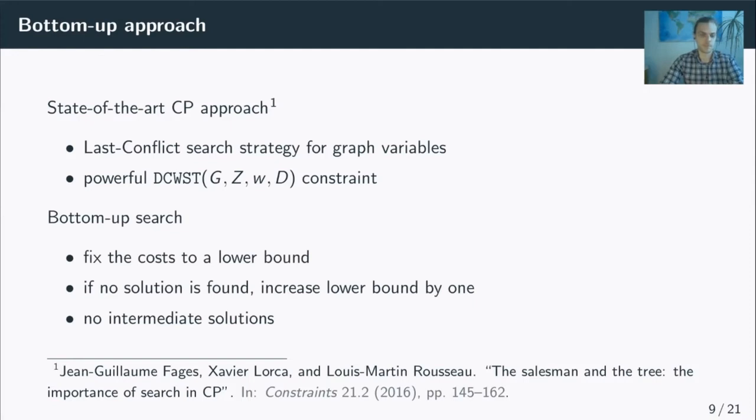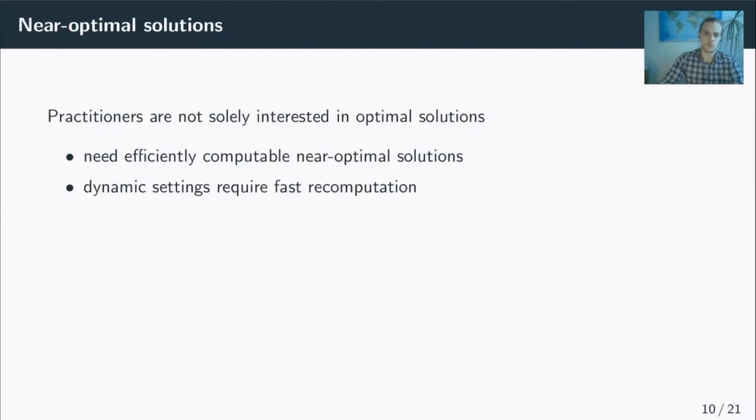The problem is it doesn't generate any intermediate solutions, and we argue that near optimal solutions are really crucial for practitioners. So practitioners are not solely interested in optimal solutions. They often need efficiently computable near optimal ones.